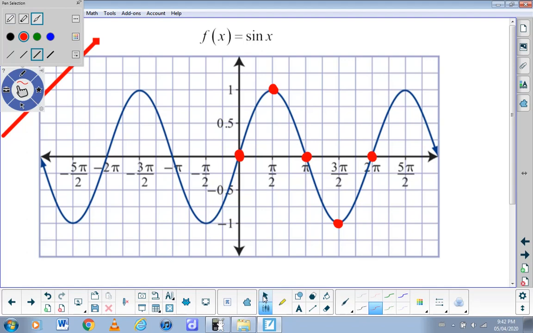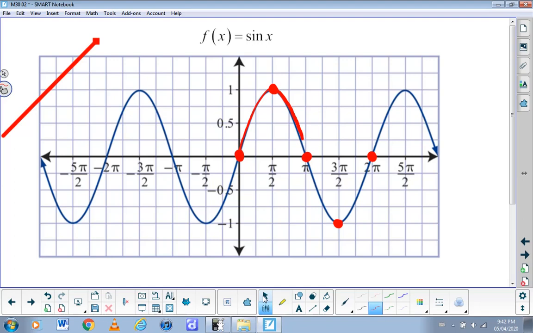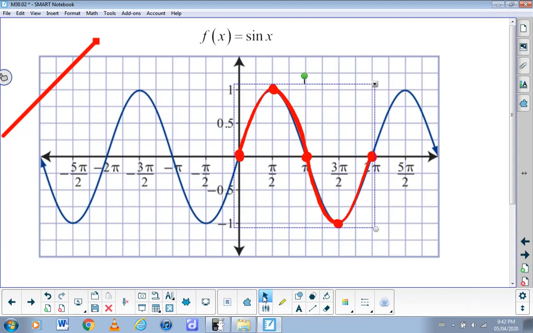If you listen to my words and you watch the video at the same time, there is a first part that goes up, a second part that goes down, then there's a third part that continues down, and a fourth part that goes up. And another thing I want to draw your attention to is that this pattern gets repeated in both directions indefinitely.